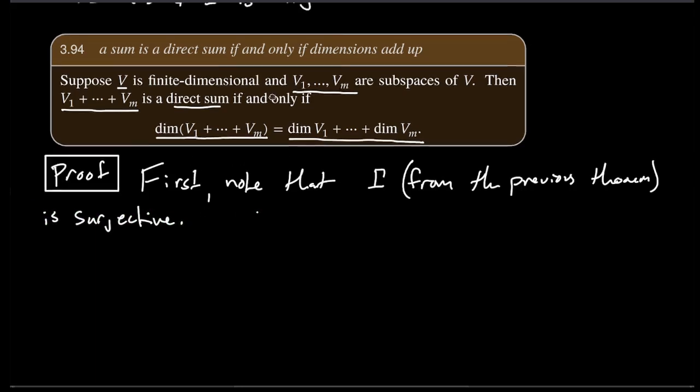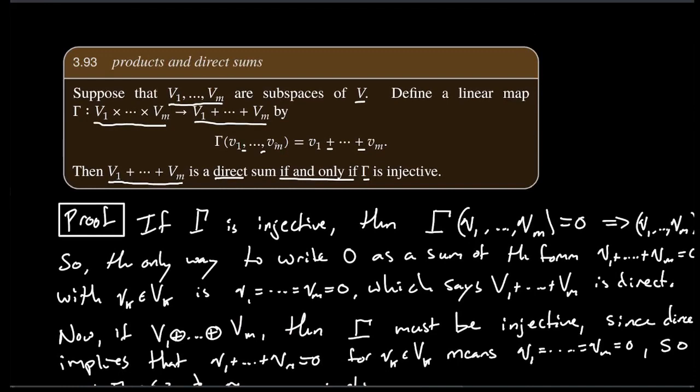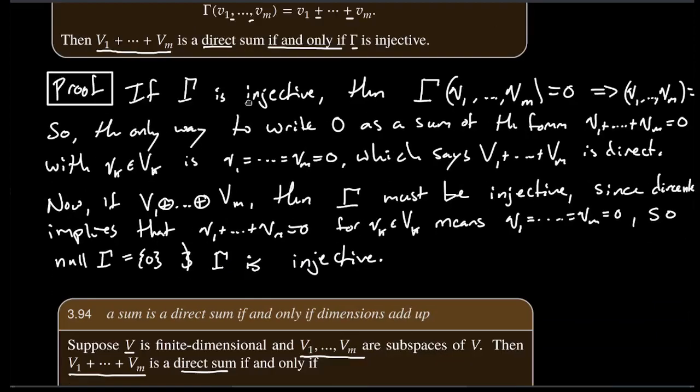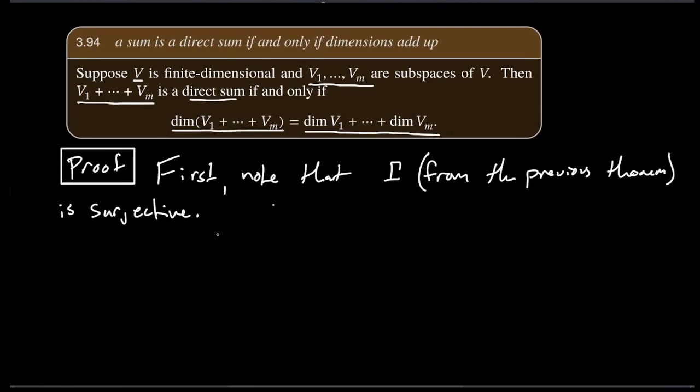Think about it for a second. Anything that's in the sum of V1 through Vm can be written in this form. Every possible sum like that, we can write just from something here by replacing the commas with pluses. It is, I think, so obvious that if it seemed weird, you just have to think about it for a moment more. This is a proof by consideration, right? All we're doing is replacing commas with pluses. So there's nothing stopping us from writing anything we can write with pluses with commas. Just switch the commas into pluses or pluses into commas. Okay, so it's surjective.